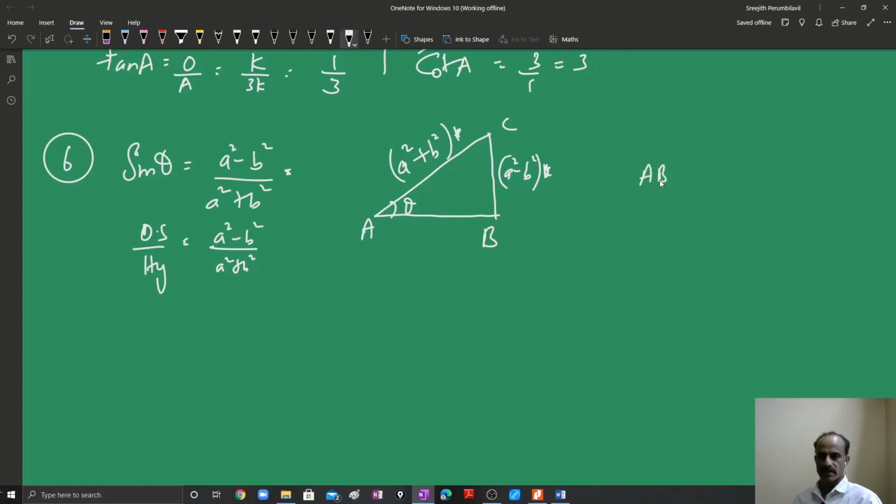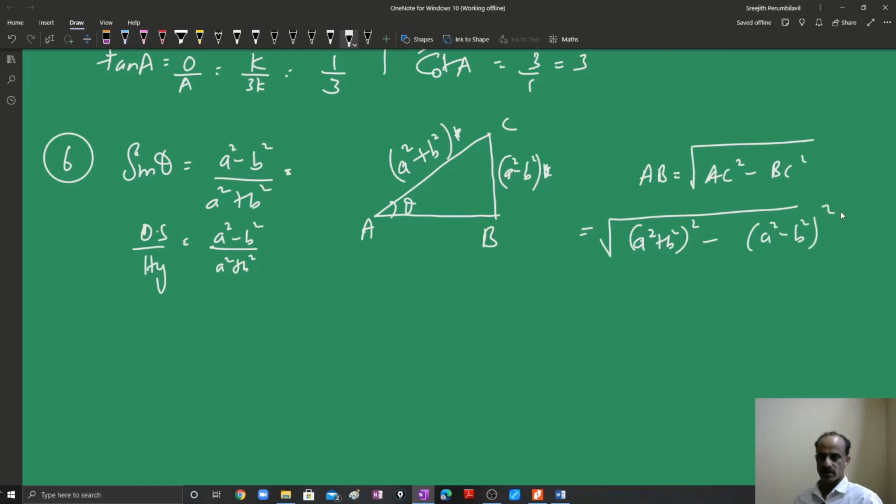So, AB is equal to root of what? AC square minus BC square. So that is equal to root of, be careful, (a square plus b square) whole square minus (a square minus b square) whole square. So this is equal to root of a raised to 4 plus 2a square b square plus b raised to 4, minus, there will be a bracket, a raised to 4 minus 2a square b square plus b raised to 4.